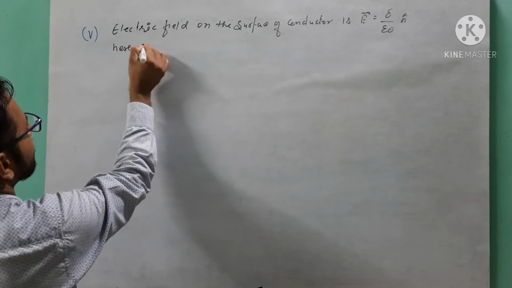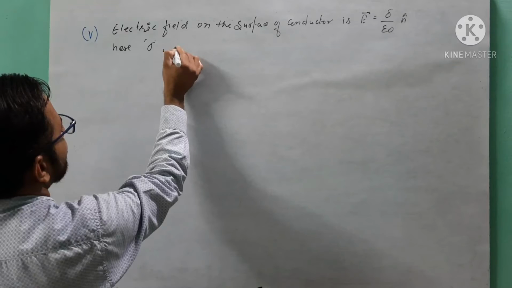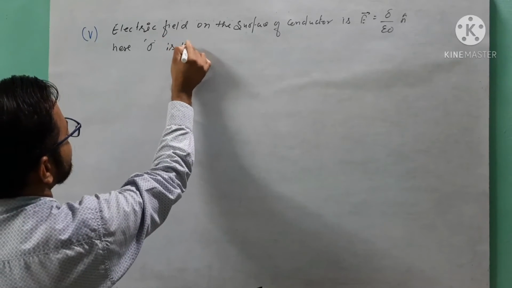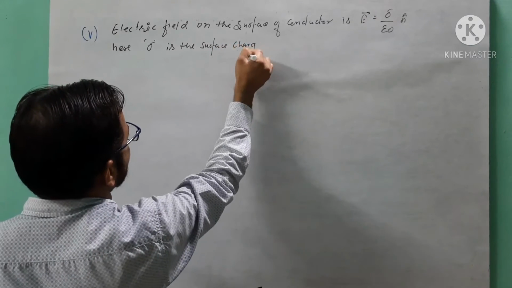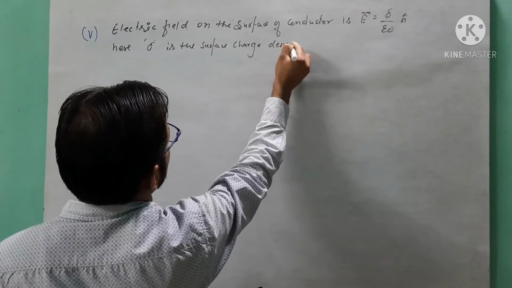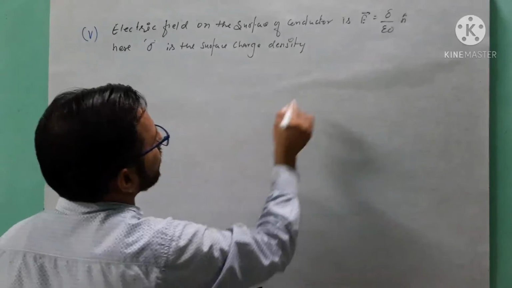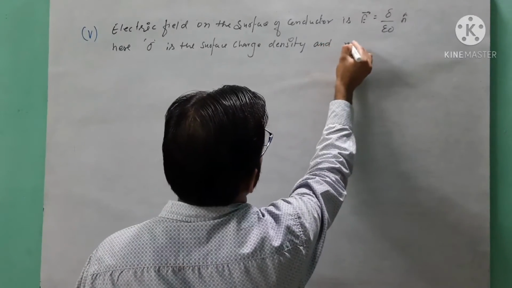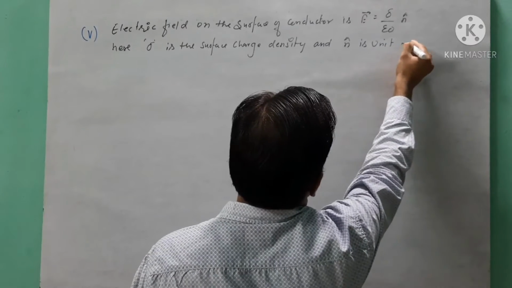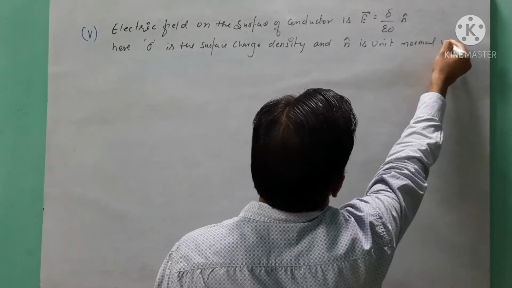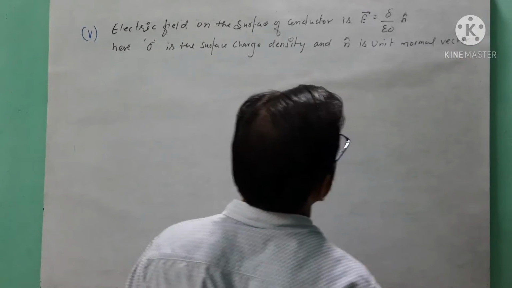Here sigma is the surface charge density, and n cap is the unit normal vector, you know very well.